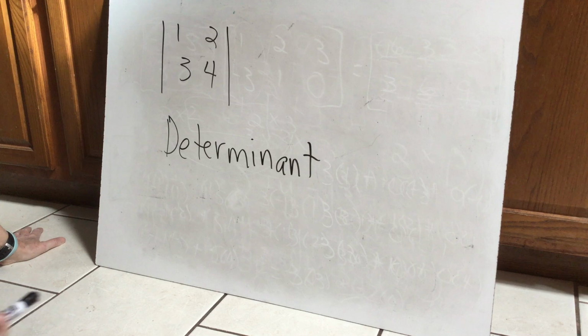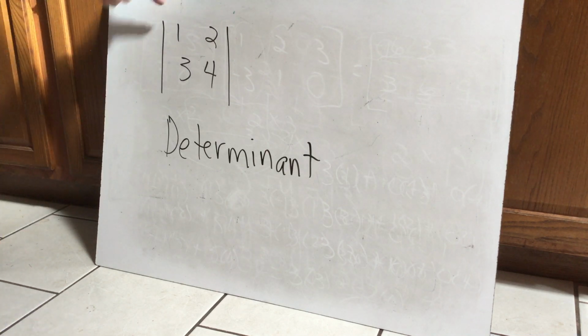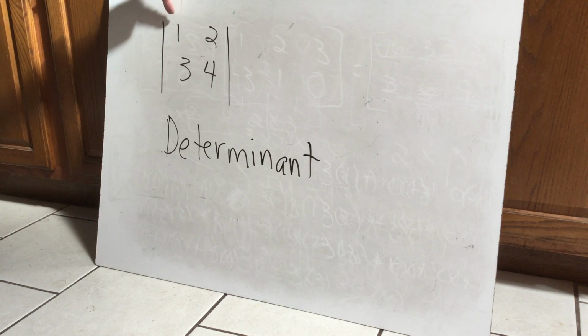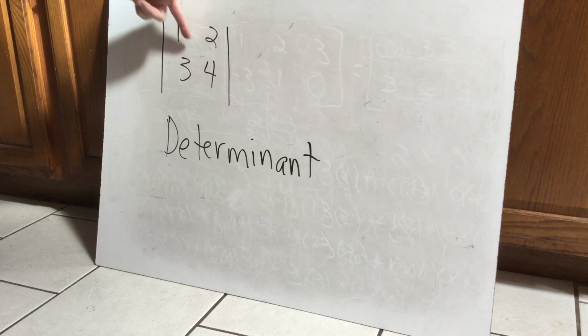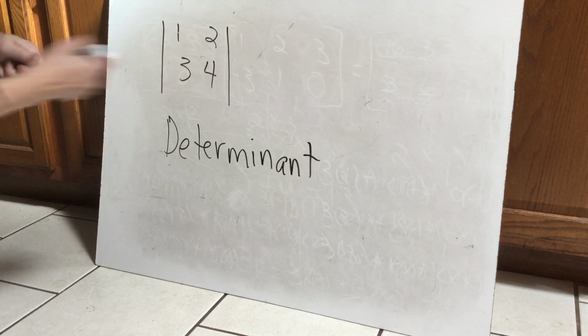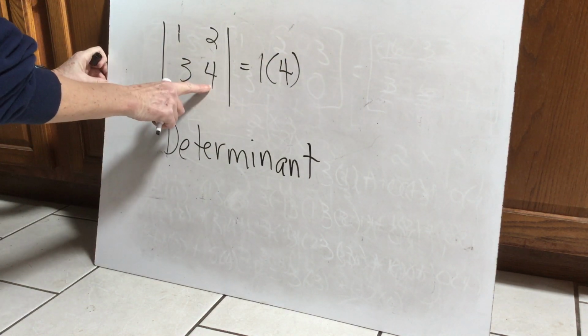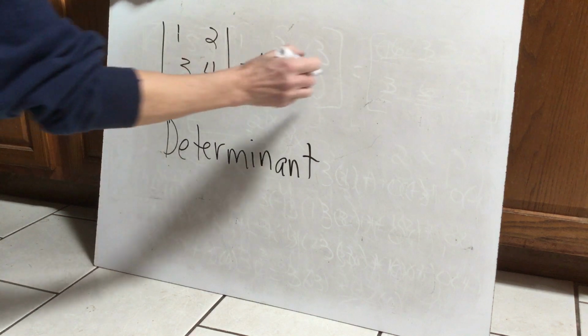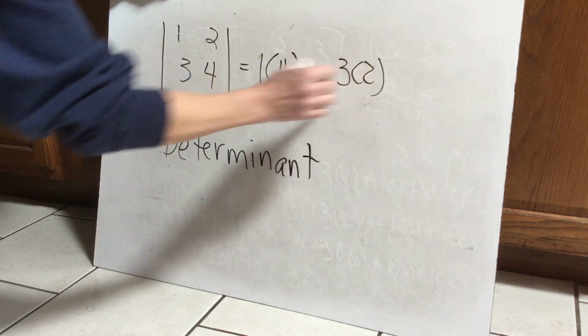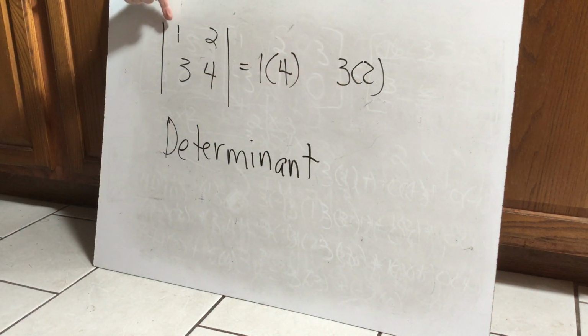To calculate this determinant, you start right here. Look where my finger is, please. I start right here, and I multiply these 2 numbers on this diagonal. So I multiply 1 times 4. And then I multiply the other diagonal, 3 times 2. So I always start here. This is important. Pay attention.